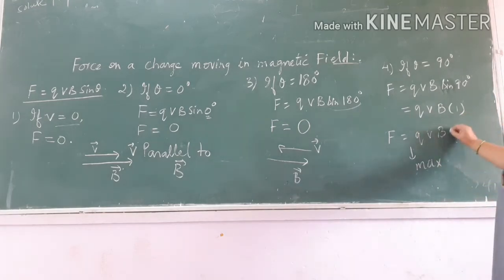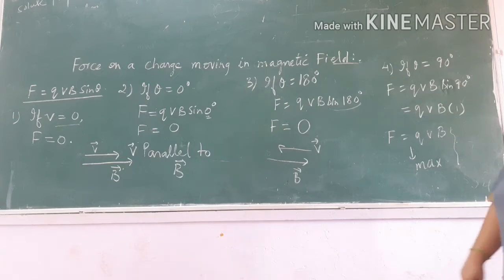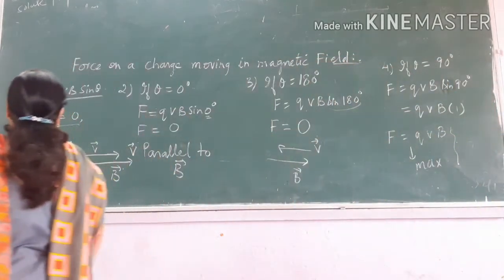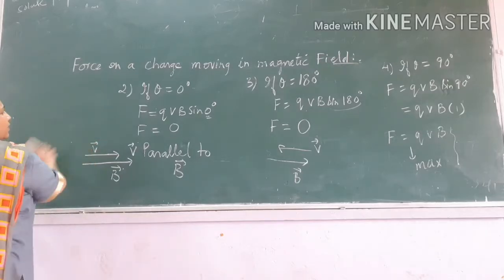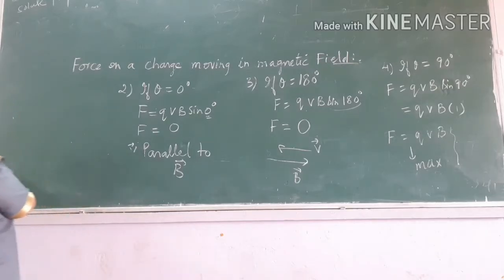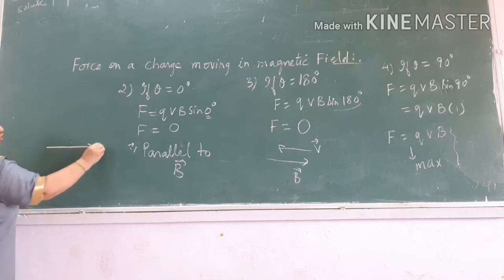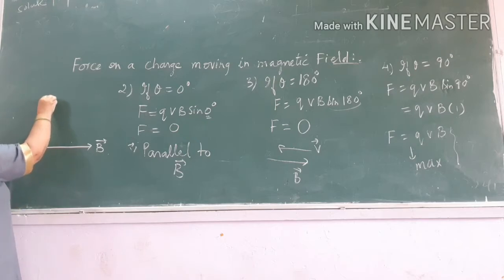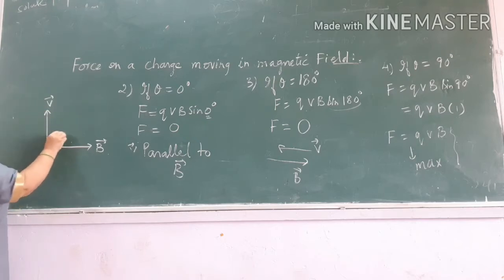Now let us see this situation, when velocity is perpendicular to the direction of the external magnetic field. So let us suppose here, B is the direction of the magnetic field and velocity is in this direction, so they are perpendicular to each other, making an angle theta which is equal to 90 degree.